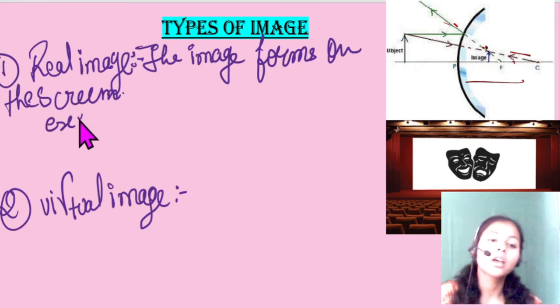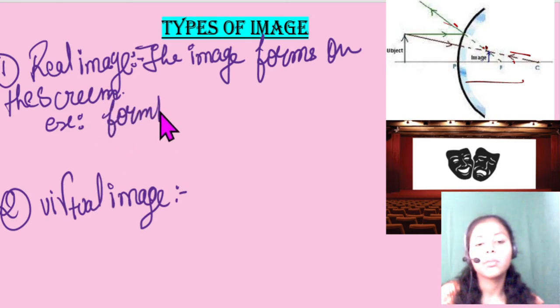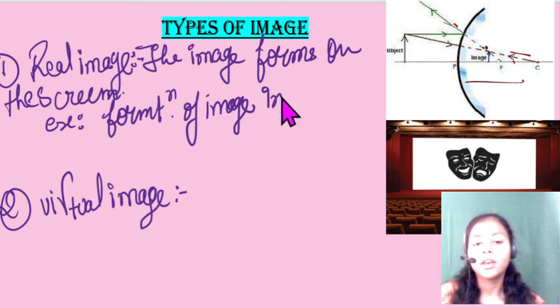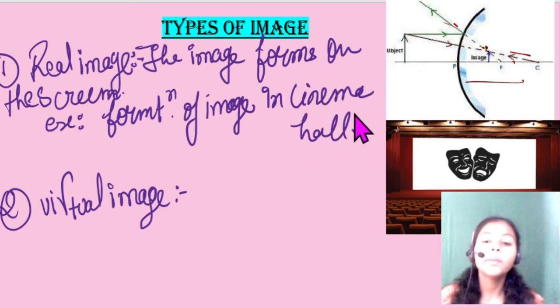Example you can take is formation of image in a cinema hall. In a cinema hall, you get to see that the image is formed on the surface, on the screen.